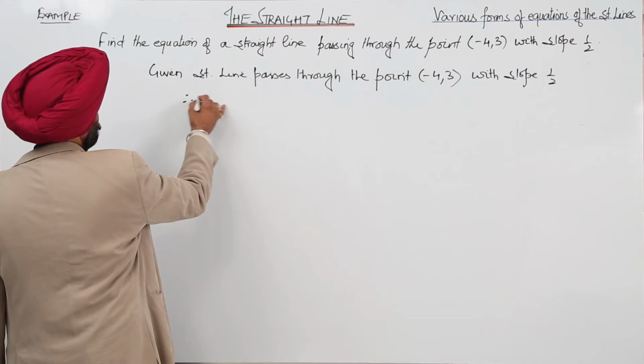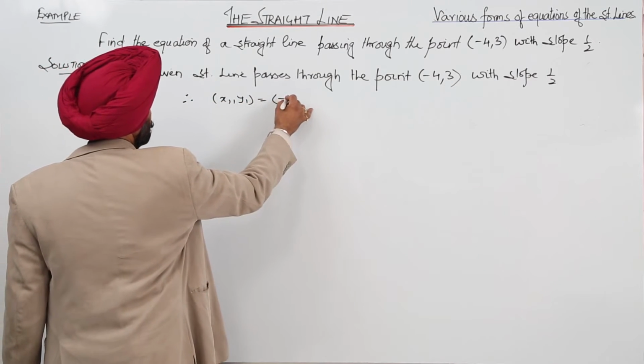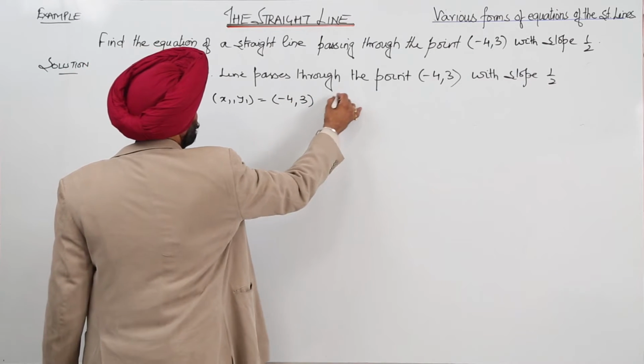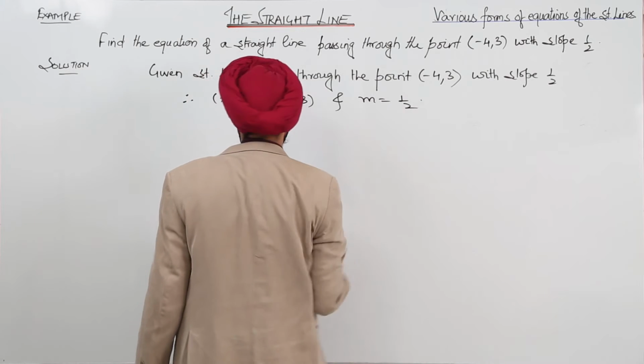Therefore, (x1, y1) is equal to (-4, 3) and the slope, that is m, is 1 by 2.